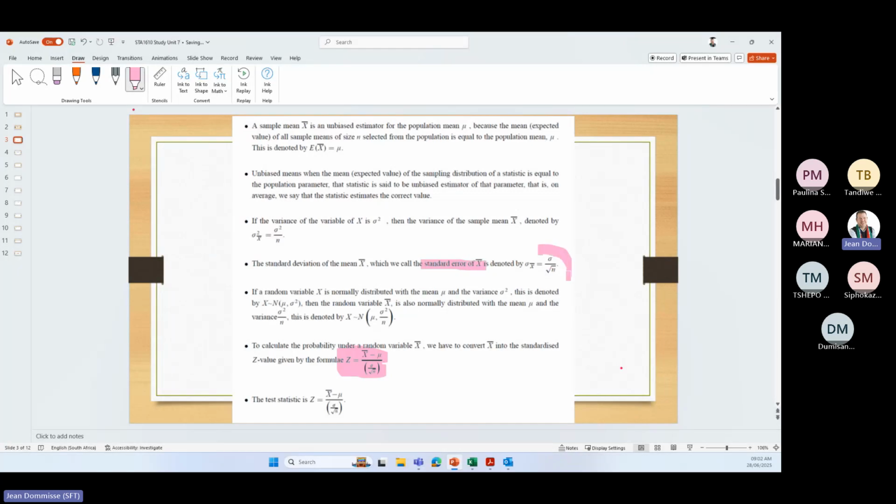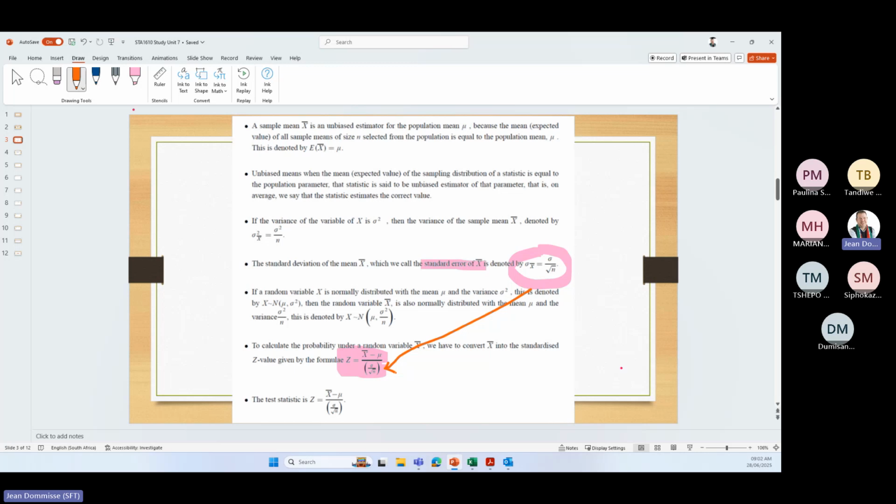Basically, the component below that line is called the standard error. We'll go through a few examples today where they only ask for the standard error, so be cognizant of that as well.